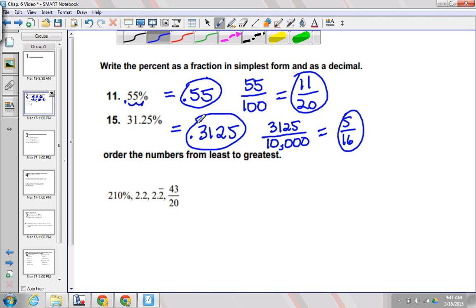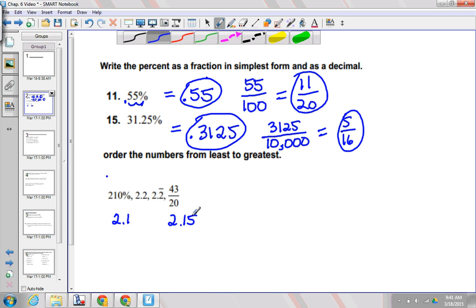Okay, when we order numbers from least to greatest, we want to put them all in the same form. I'm choosing decimals, but you could use percents as well. So we have 2.1, 2.2, 2.2 repeating, and then 43 over 22 is equal to 2.15.